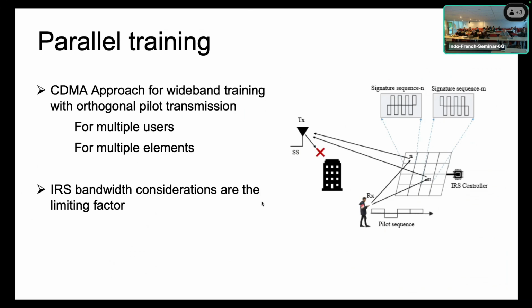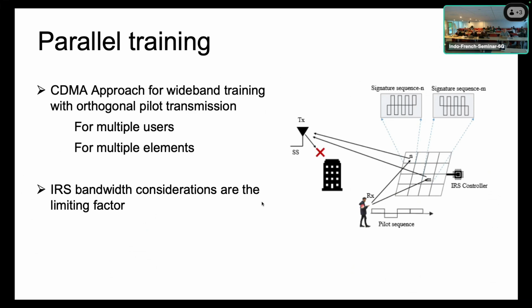Then for the CDMA case, maybe we can have some parallel training if different users are assigned orthogonal pilots. Here we have shown multiple elements with signature sequences which are orthogonal.